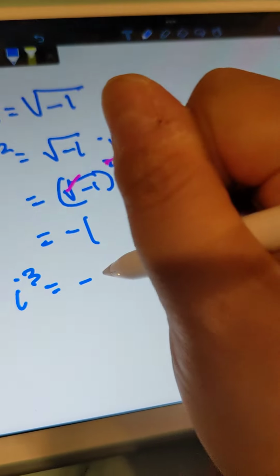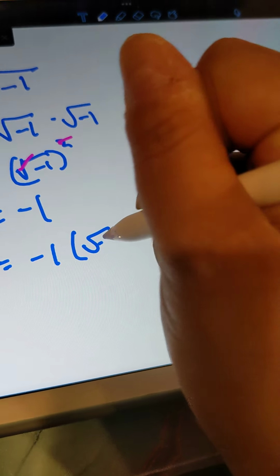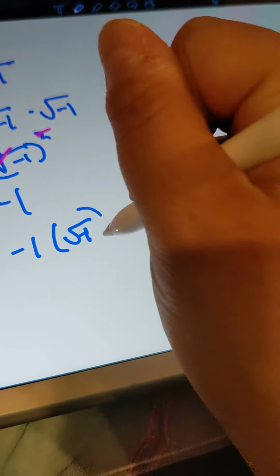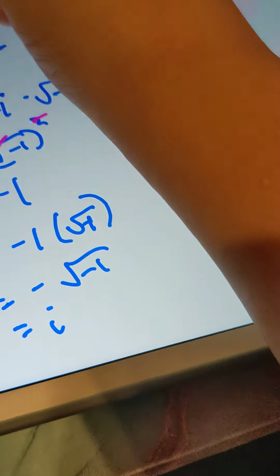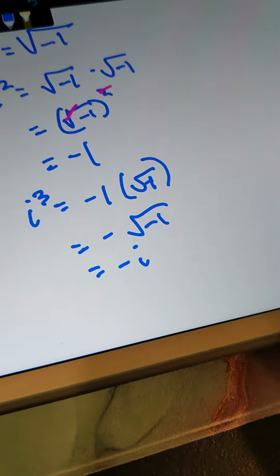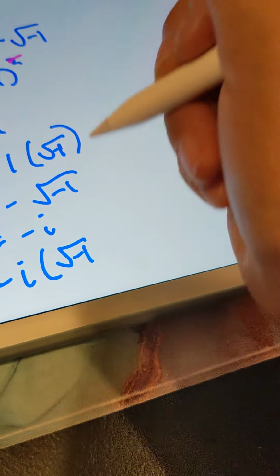i to the third is -1 times the square root of -1, which is negative square root of -1, which is the same thing as -i. i to the fourth is -i times the square root of -1.